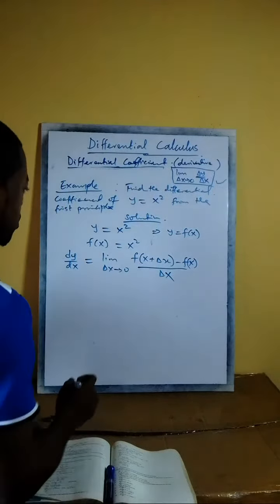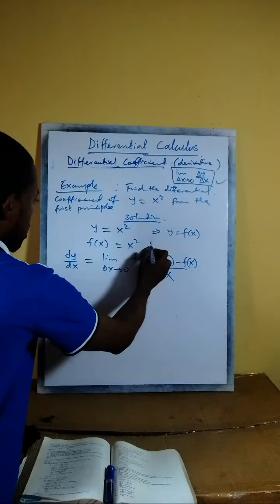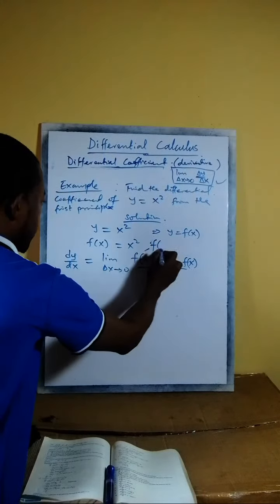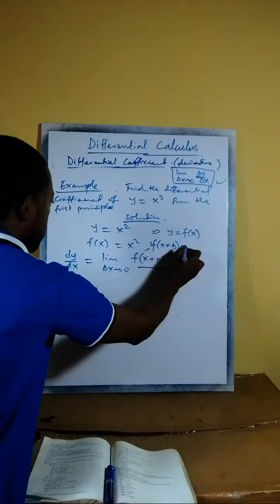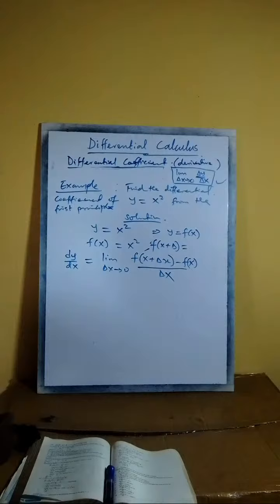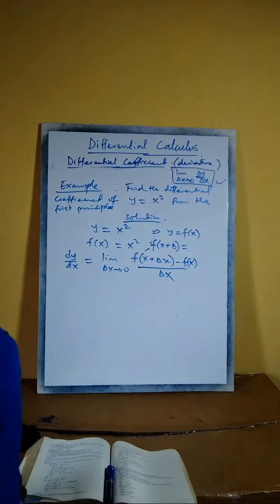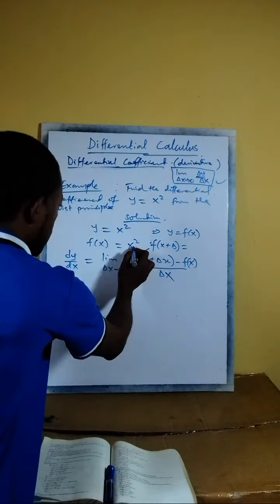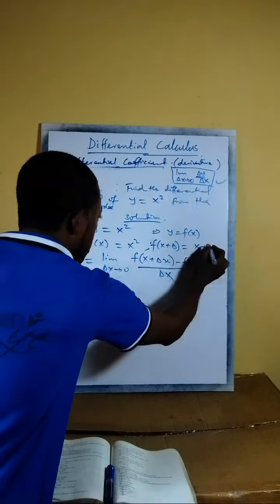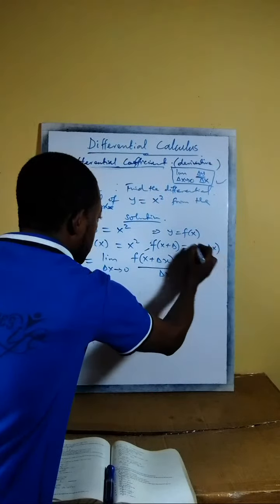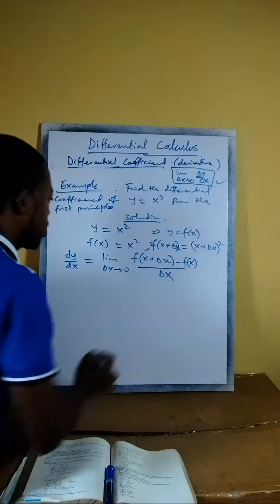Then now that means we need to get f of x plus delta x. So f of x plus delta x will be equal to, we need to add delta x to this function, that means we have x plus delta x squared. So that is f of x plus delta x from here.